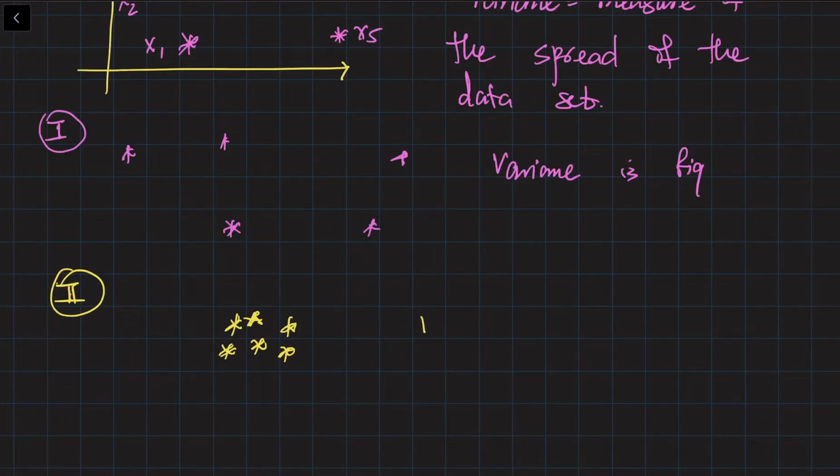In this case, we say that the variance is small. We would like to define the variance mathematically. It should give you some numerical value, and you need to use this numerical value in order to conclude whether the points are really spread or not.